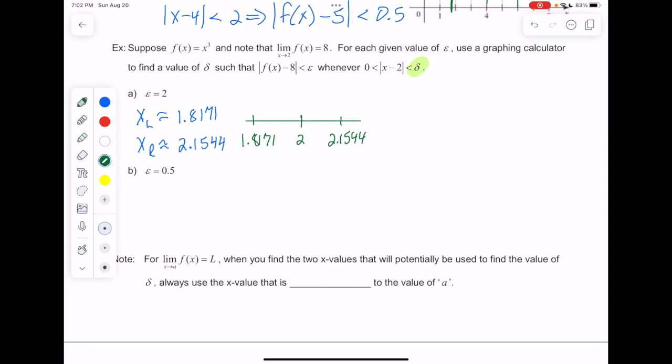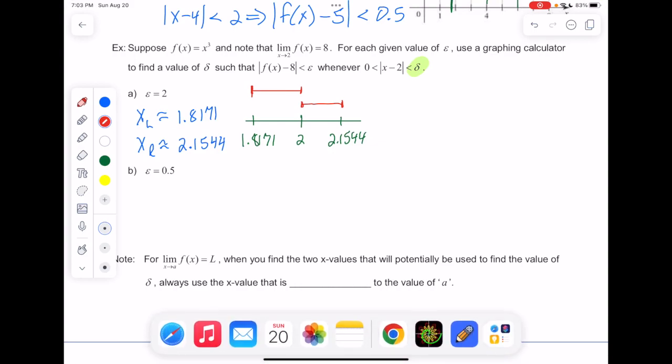So I'm going to argue that we have 2 potential distances here. We have this distance from 2 to the right boundary, and this distance over here from 2 to the left boundary. So what we want to do is figure out what those 2 differences are, and we can just do that as a subtraction on the calculator.